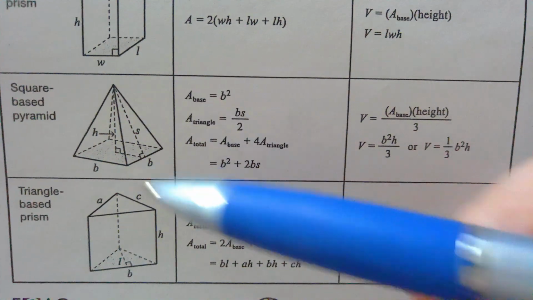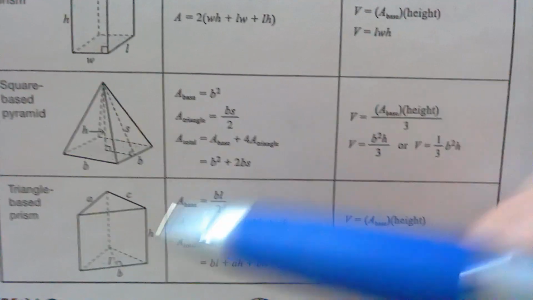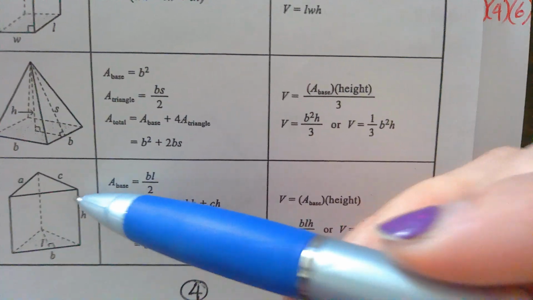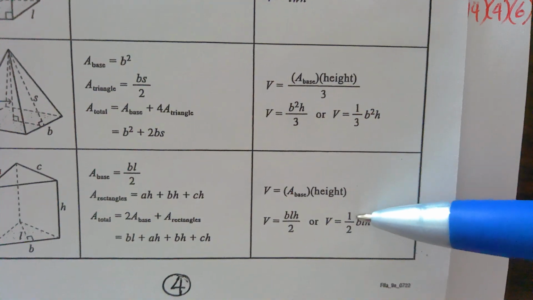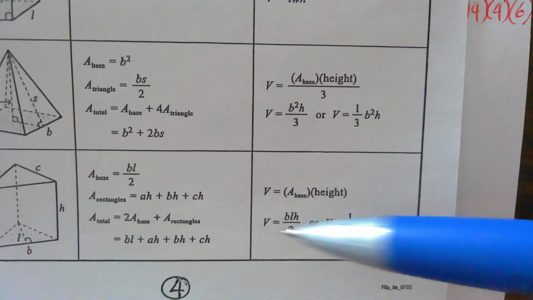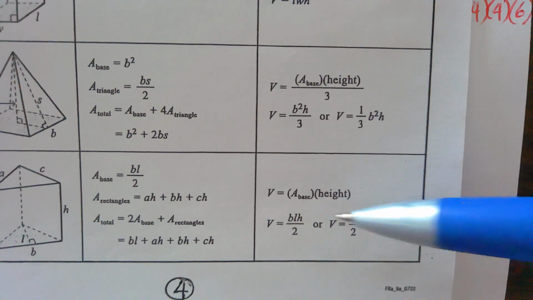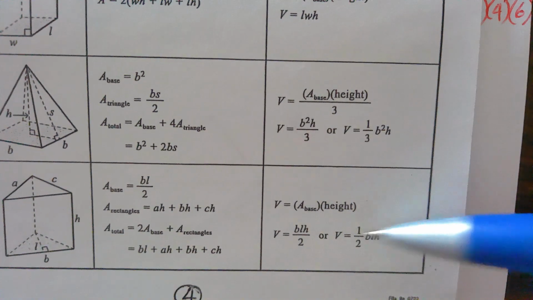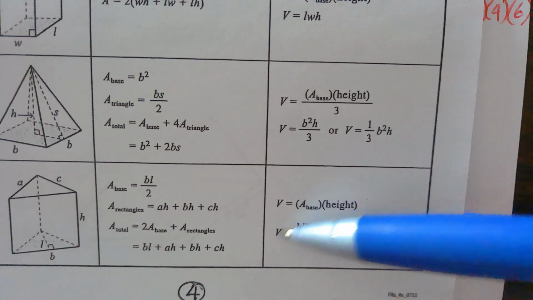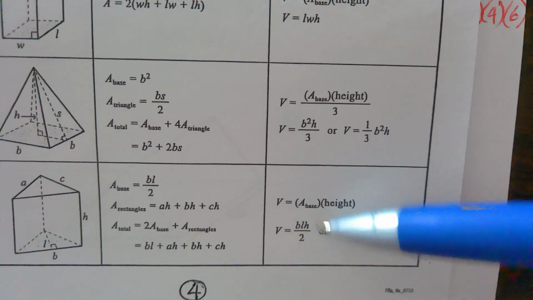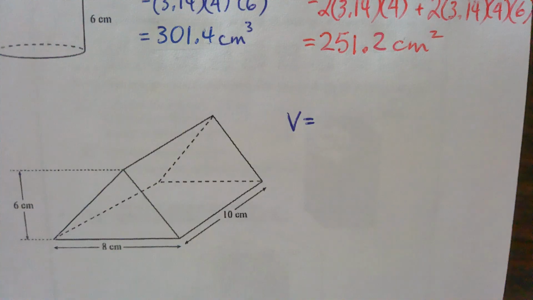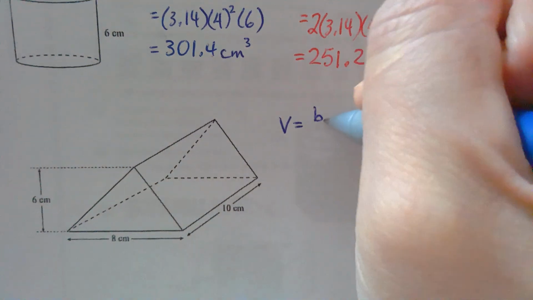So don't mix up these two. Volume of a triangular base prism is half base times length times height, or base times length times height divided by 2. These two are both the same. Doesn't matter which one you use. I like to use base times length times height divided by 2, but that's just me. It's the same.